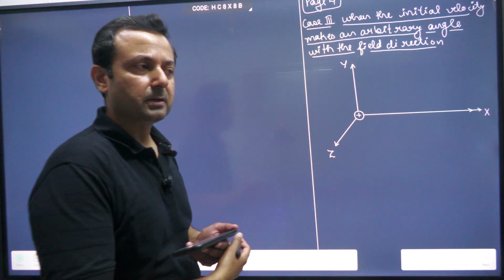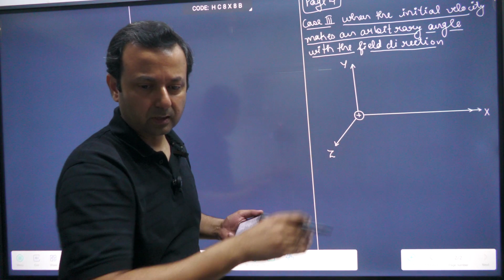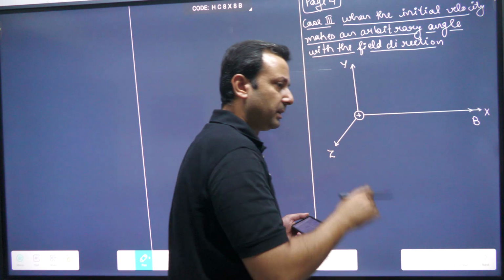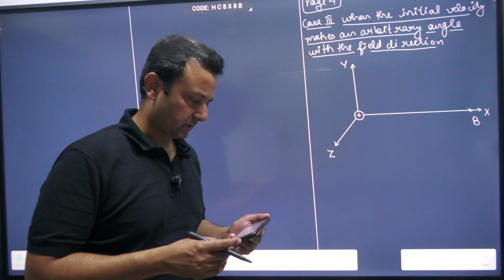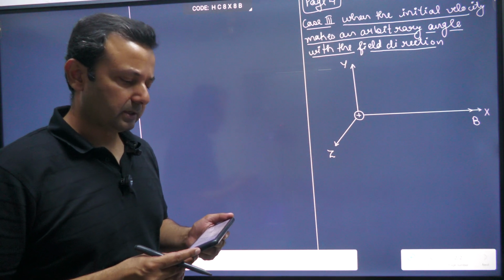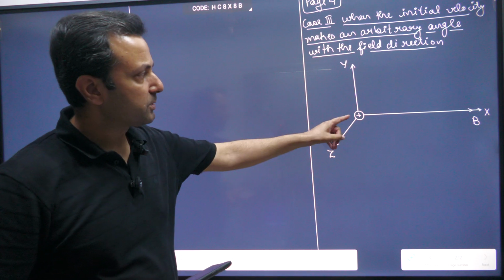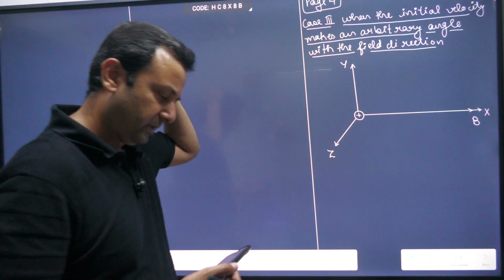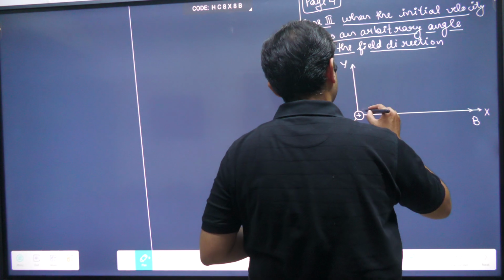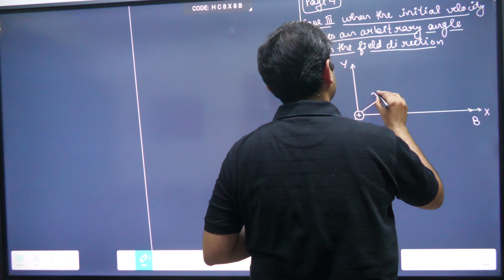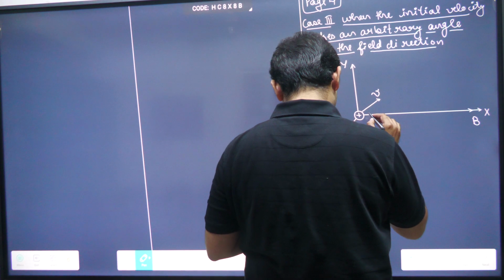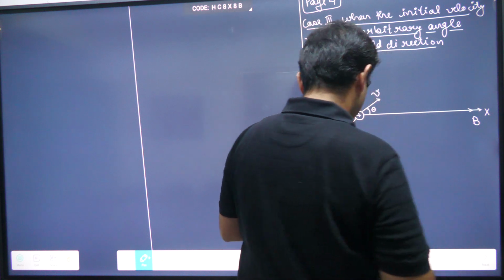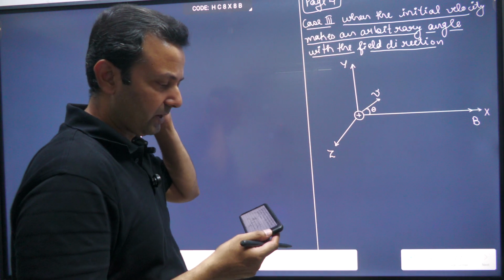This time we are considering that the direction of magnetic field is along x-axis. So we have marked B here. B is for magnetic field. Now, let us consider that this positive charge is making an angle theta with the direction of magnetic field. Velocity is in this direction and it is making angle theta with magnetic field B vector.